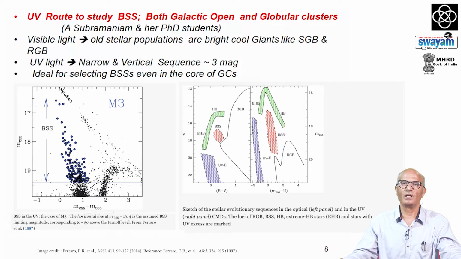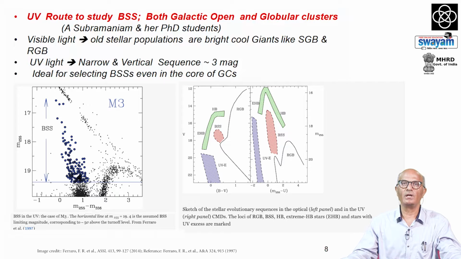This diagram is shown again just for comparison. If we plot ultraviolet color on the x axis, then the blue straggler strip spans 3 magnitudes on the y axis, compared to less than about one magnitude in optical.